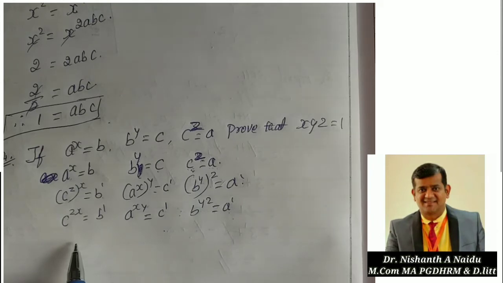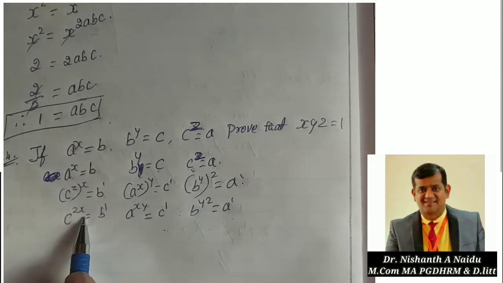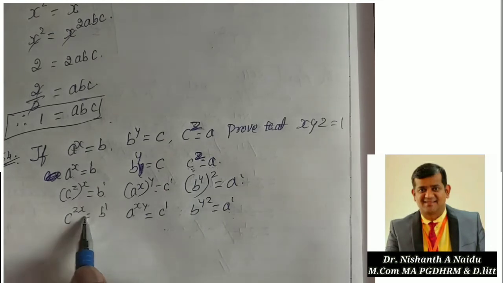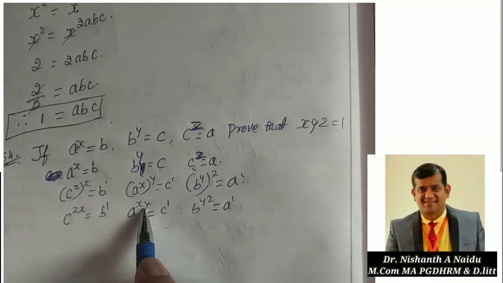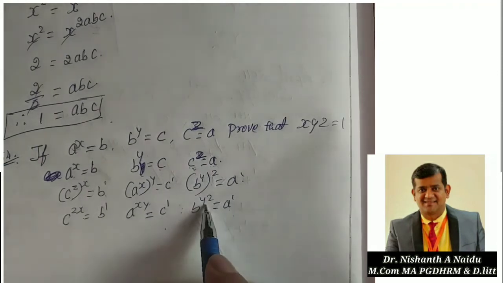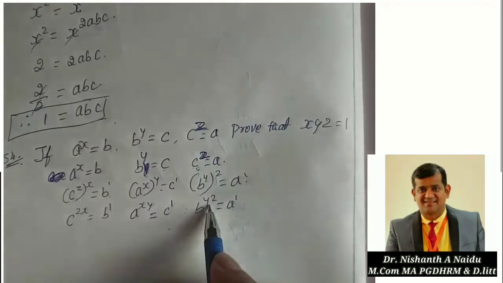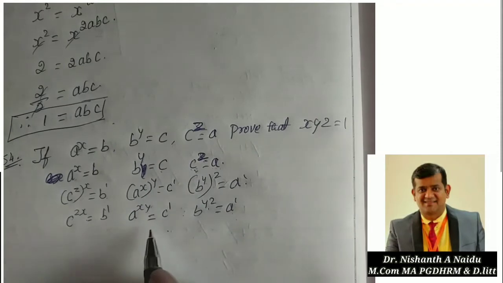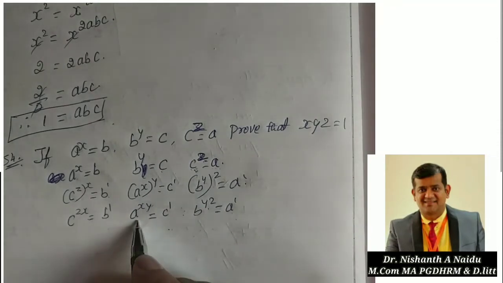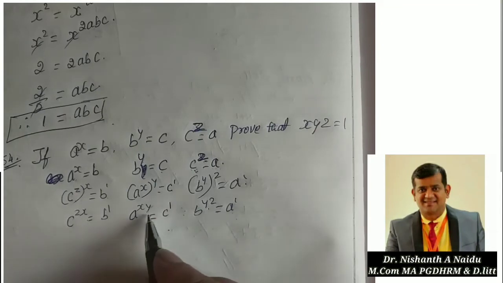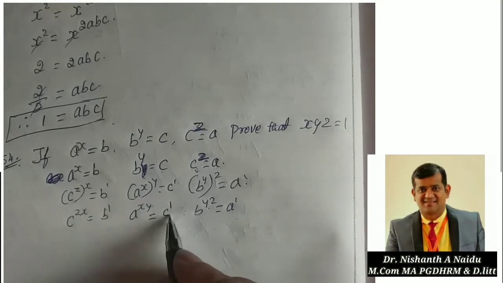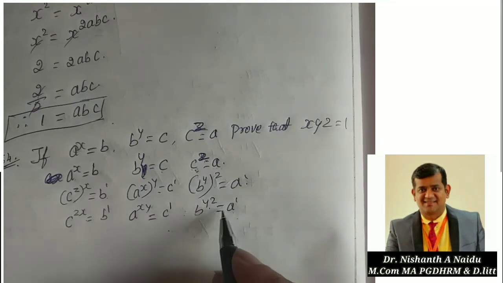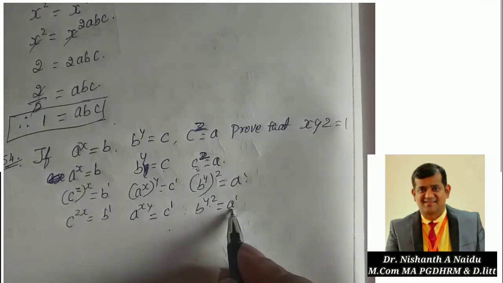But here xz is there, zx is there, then xy is there, yz is there. So that is c to the power of zx equals b dash, a to the power of x into y, xy, equals c dash, b to the power of yz equals a dash, okay.